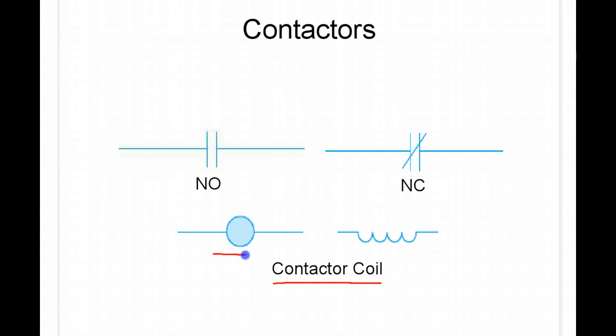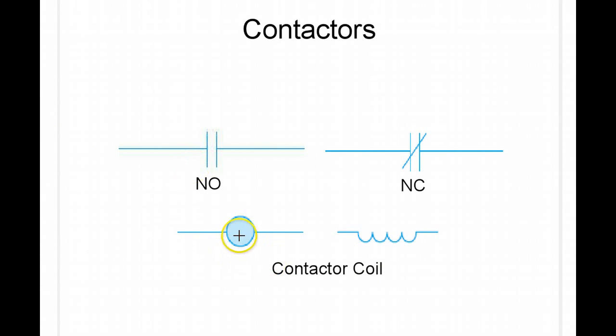So these are two common schematic symbols for a contactor coil. If a 24-volt signal is applied to these coils, it produces a magnetic field that switches the contactor opened and closed. So that is the control coil there.